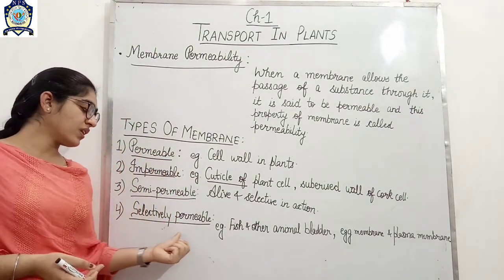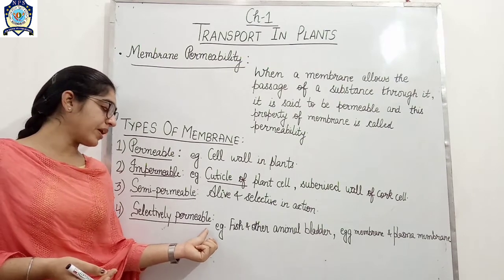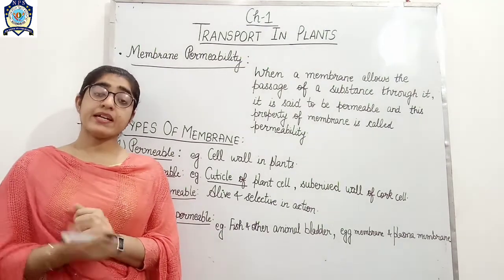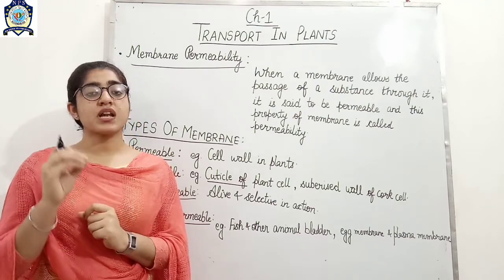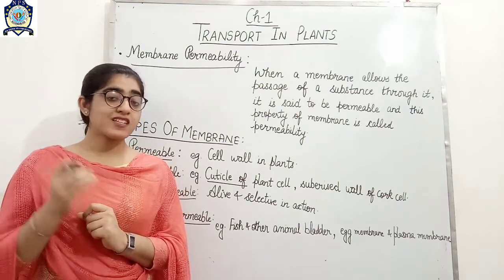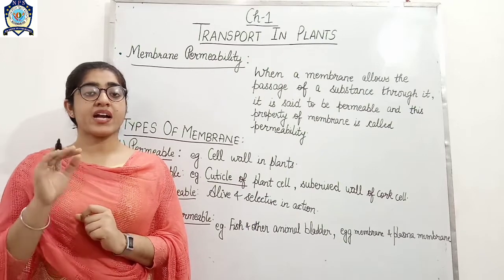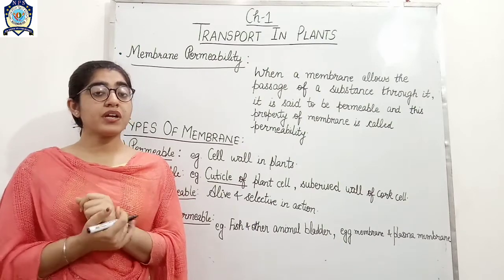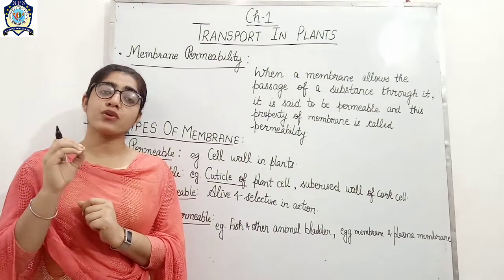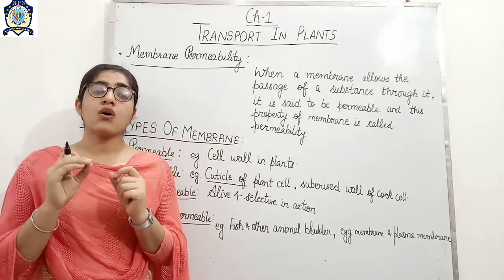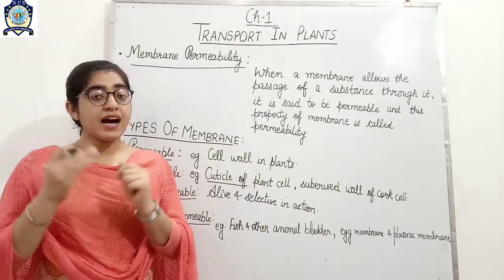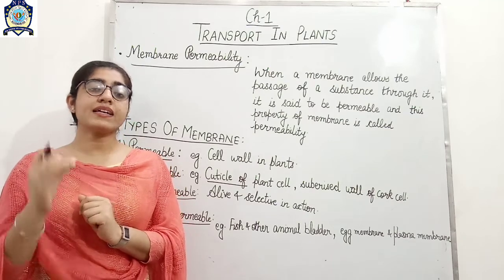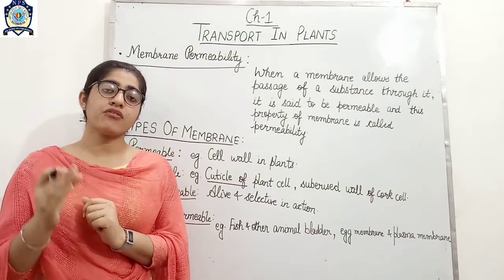And the last one is the selectively permeable membrane. It is a type of membrane which has specialized proteins, such as aquaporins, which allow only the movement of water, and ion channels, which allow the movement of ions.